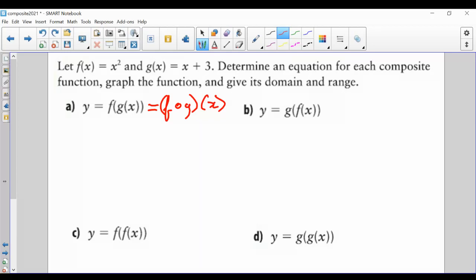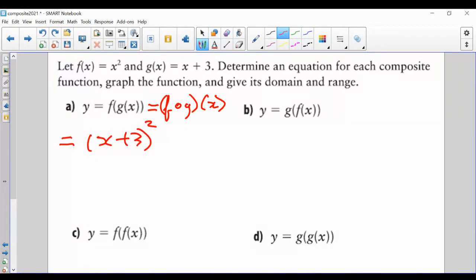The g of x function is the x plus 3. So wherever I see an x in the f function, I'm going to replace it with x plus 3. So here's what it looks like. It's the x plus 3 squared. There you go, Christania. Well done.